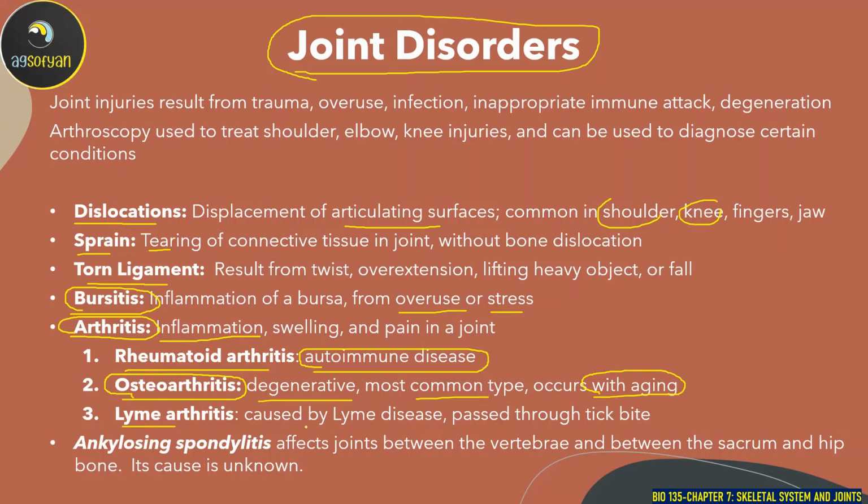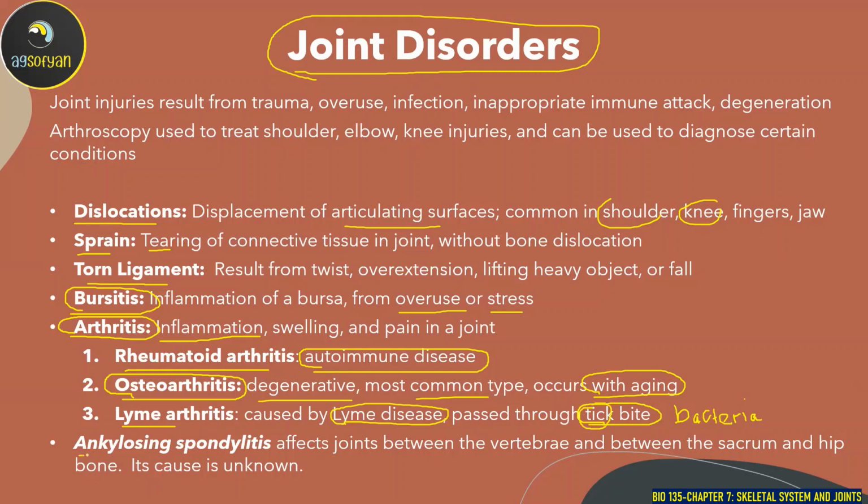Lyme arthritis, or Lyme disease, is because of infection by bacteria, and this bacteria is carried by the tick. Usually this bacteria is transferred from animal to human by a tick bite.